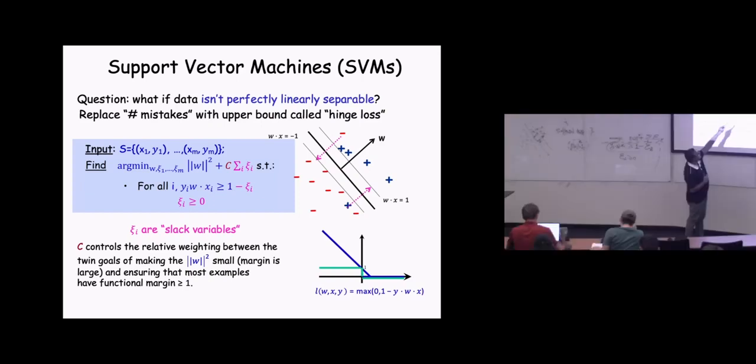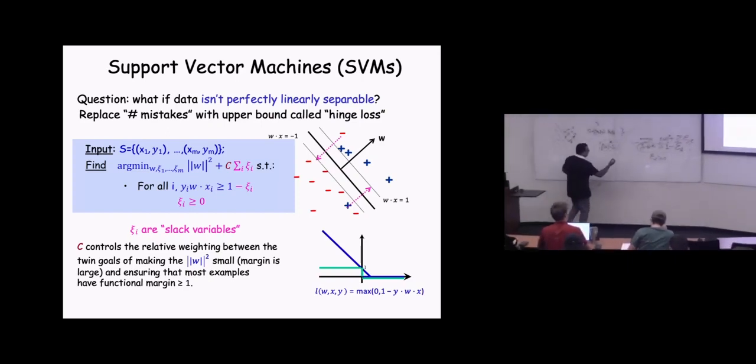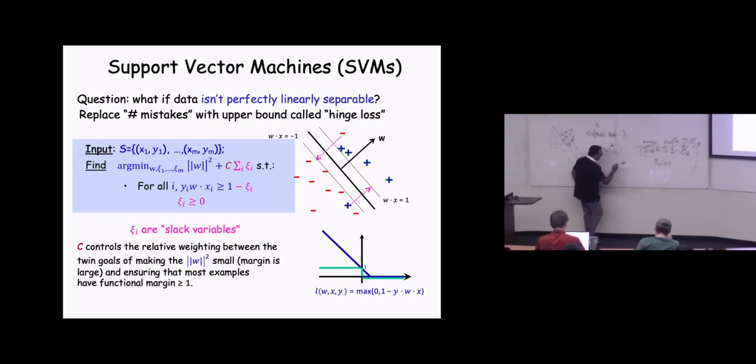Because if we go back to the previous function, my loss function is w squared plus the number of misclassifications, right? So how does this part of the loss function actually look? This function actually looks like this.